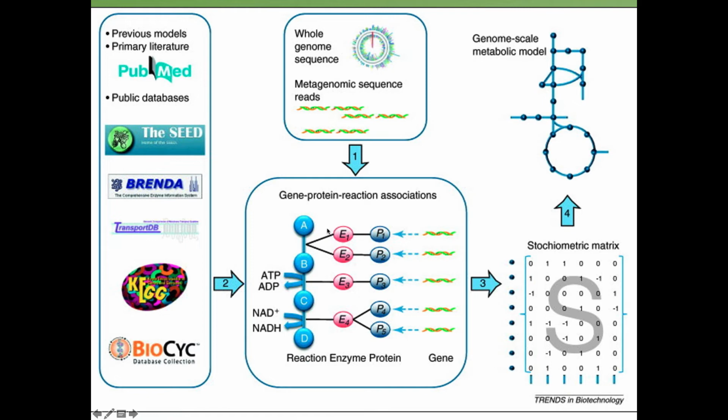Once you have these associations, and you can define the relationships between genes and proteins and enzymes and reactions and metabolic outputs, then we can create this kind of stoichiometric matrix. And in this matrix, basically what we have is every column is a reaction, and every row is a metabolite.